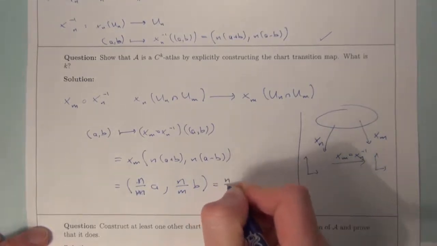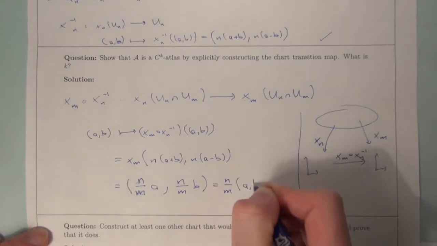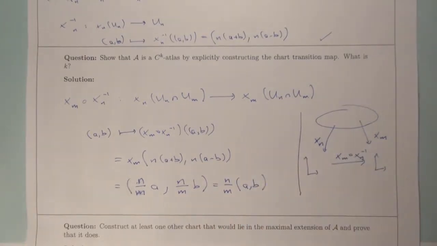Therefore we can write this shorter as n over m times (a, b).